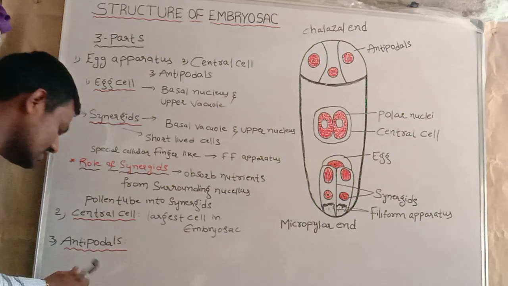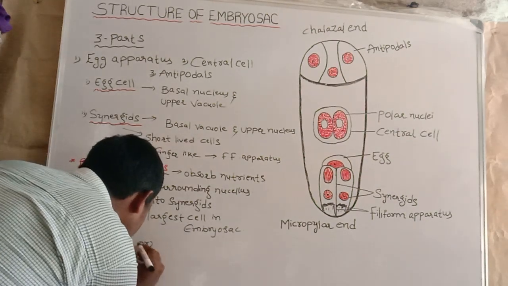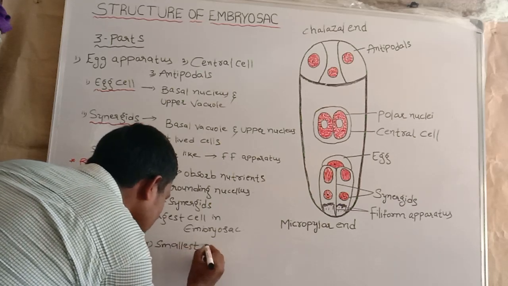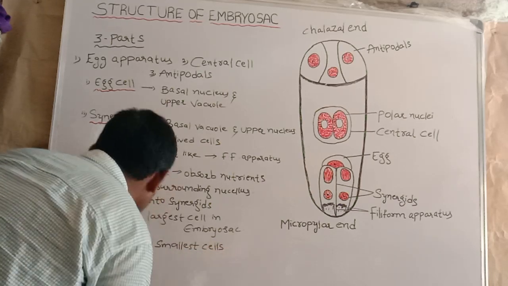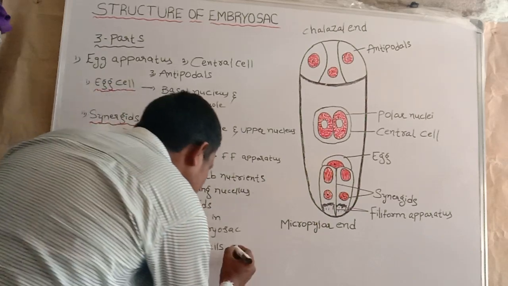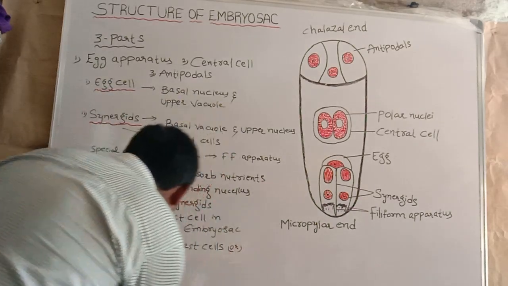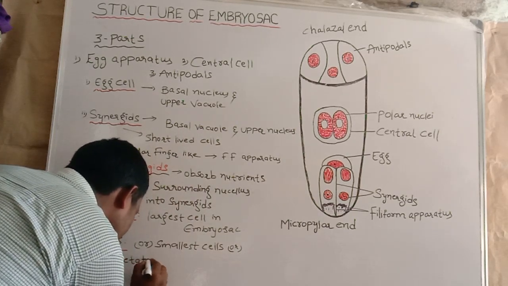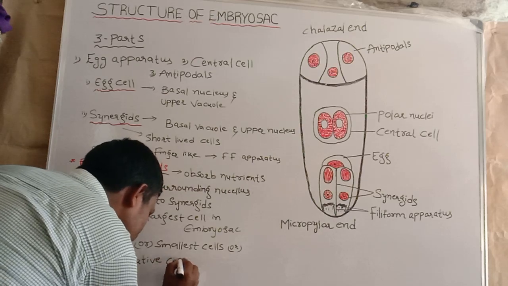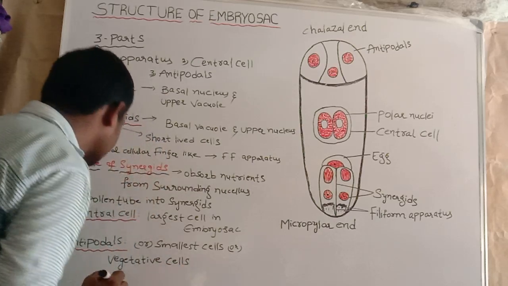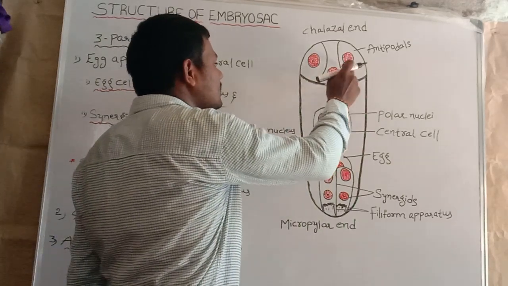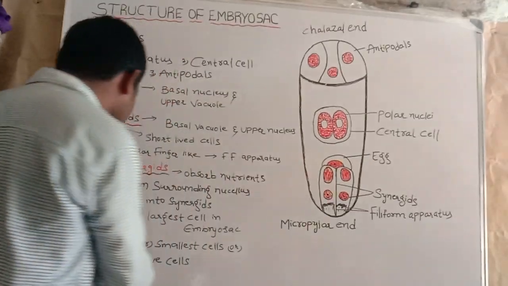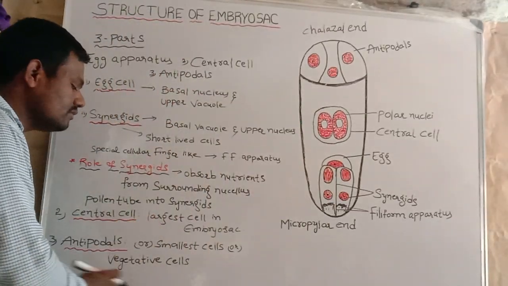Antipodals are the smallest cells, also called vegetative cells.